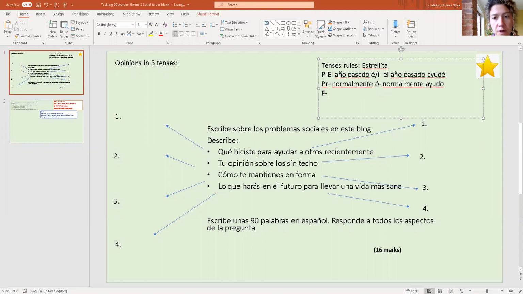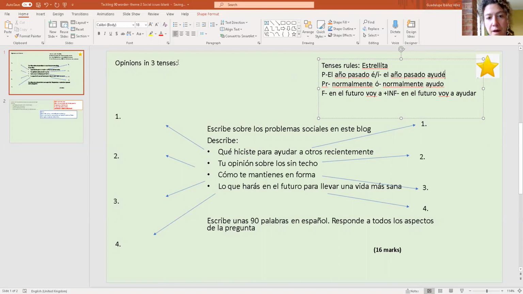And my future, I've got en el futuro voy a, plus infinitivo. So that's going to be en el futuro voy a, infinitive, which is ayudar, so voy a ayudar. Perfecto. So last year I helped, normally I help, in the future I'm going to help. Perfecto.